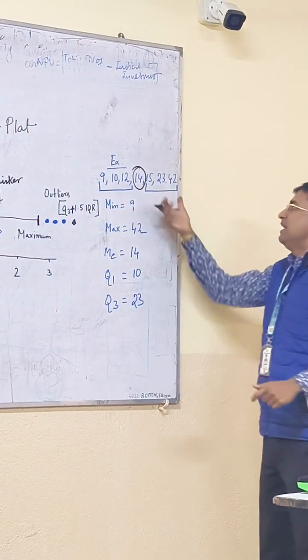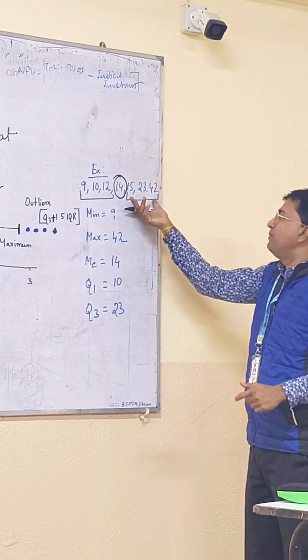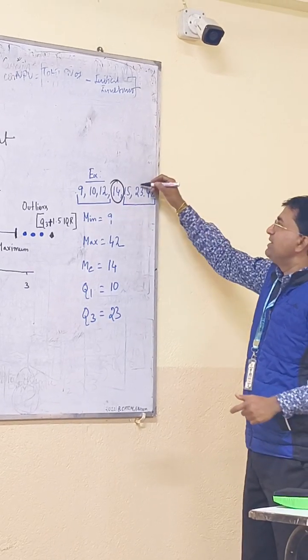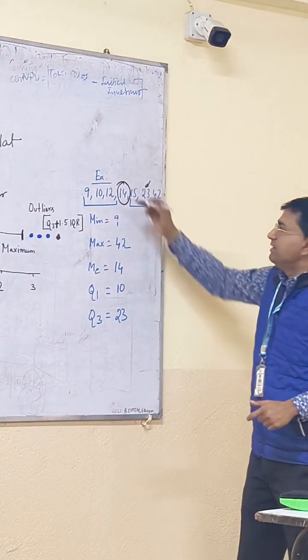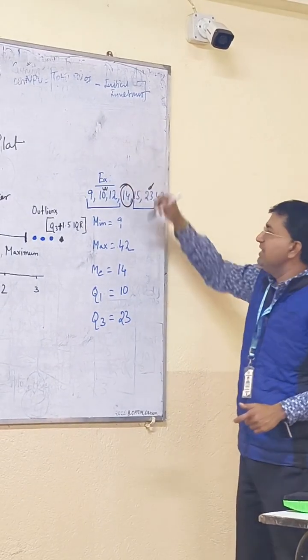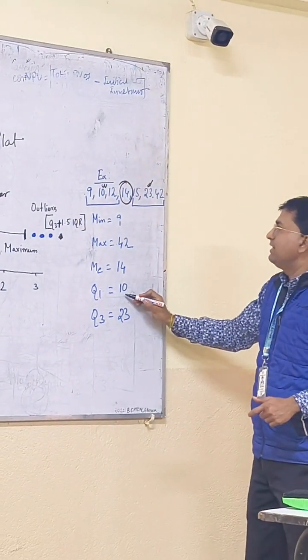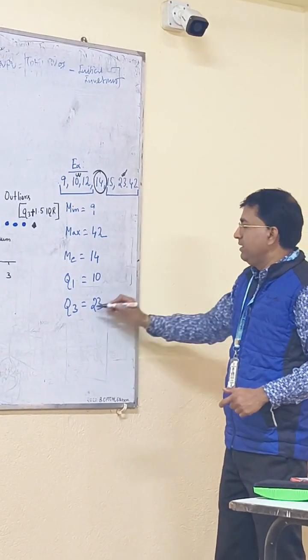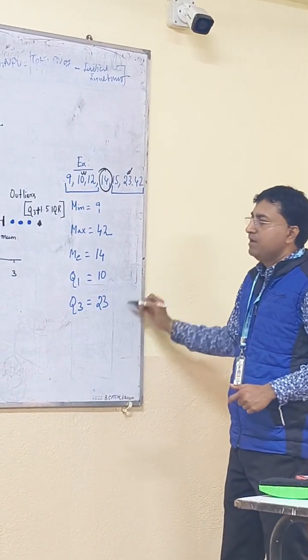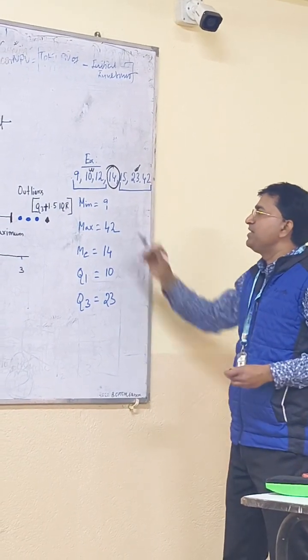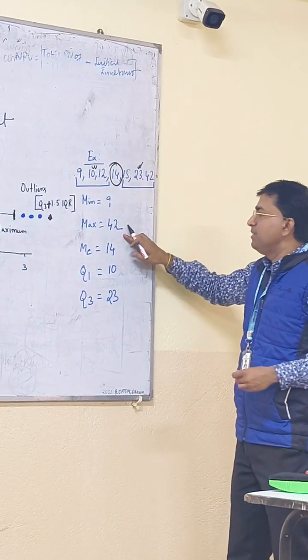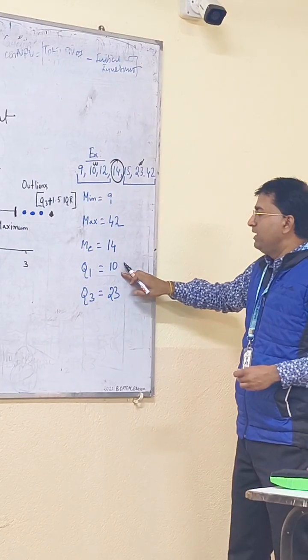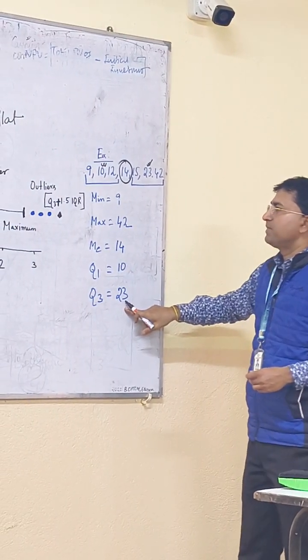Same way, the middle of the upper half is 23, which is quartile 3. So in that way, we can measure minimum, maximum, median, quartile 1 and quartile 3.